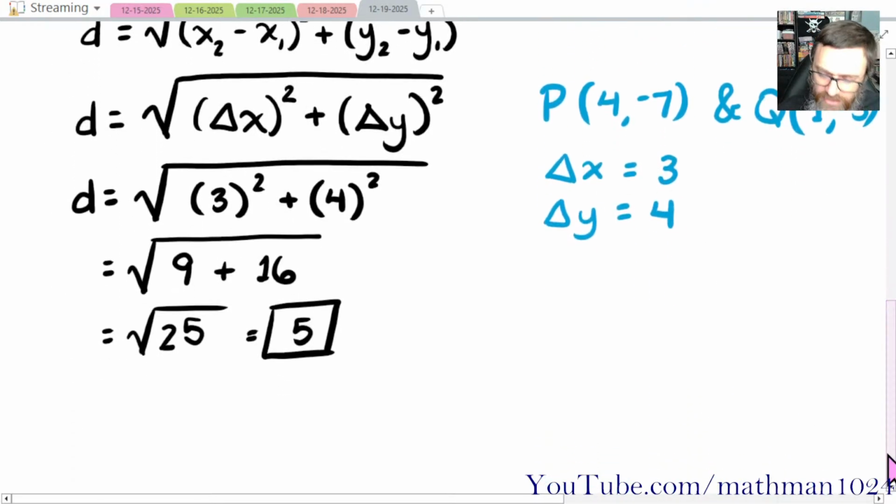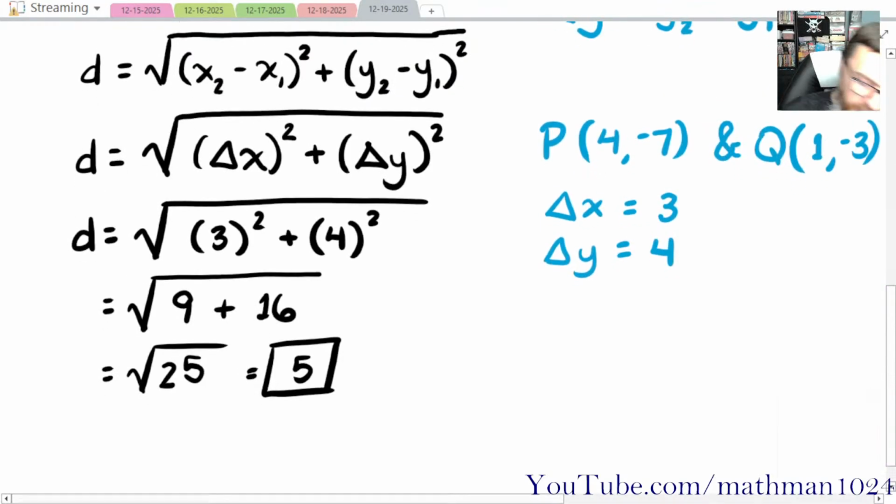Now, if we apply this to the formula directly, okay, so if I label this as x1, y1, and x2, y2, right? The first x and y coordinates and the second ones.